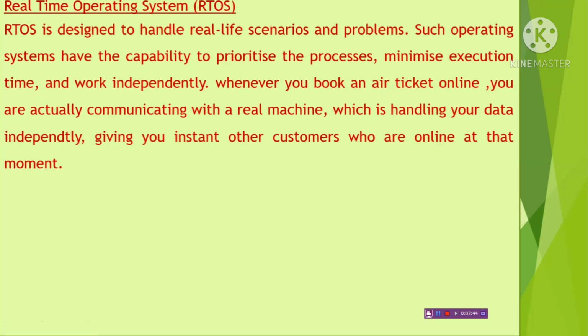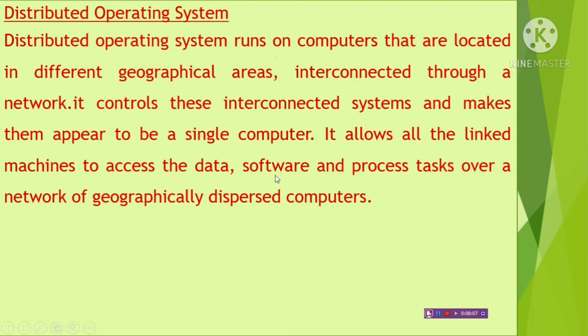Which one will be fast, then which one next? The operating system will decide these priorities, and minimize execution time so that more requests can be done in less time, and work independently also. So these are real time operating systems.